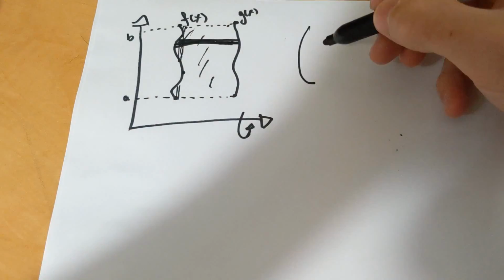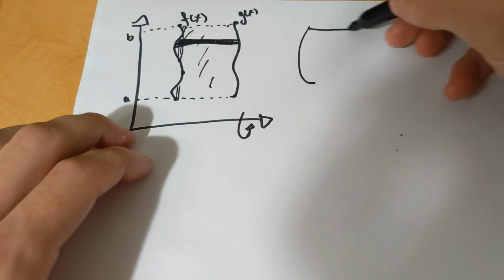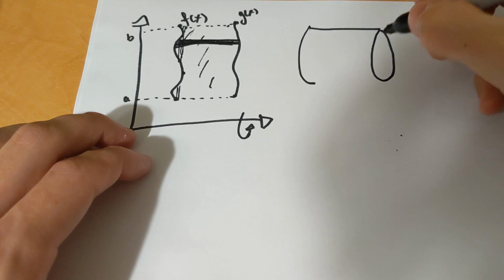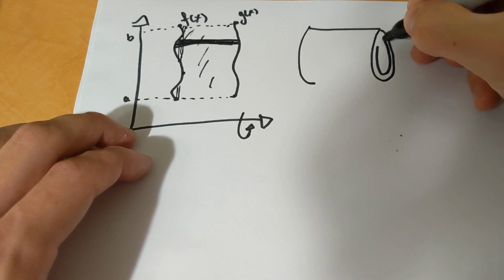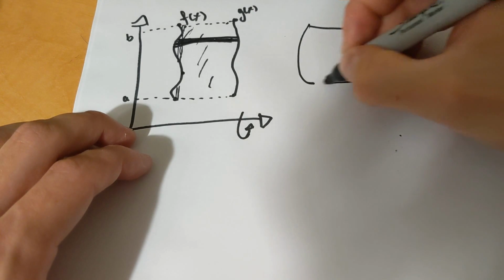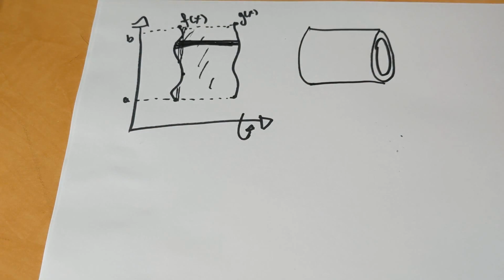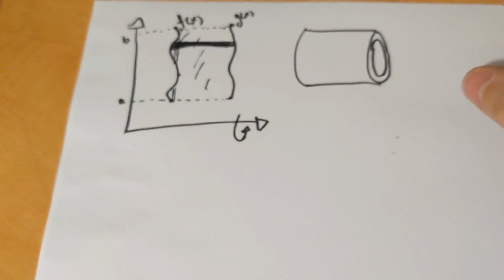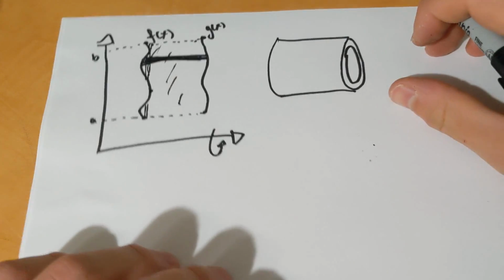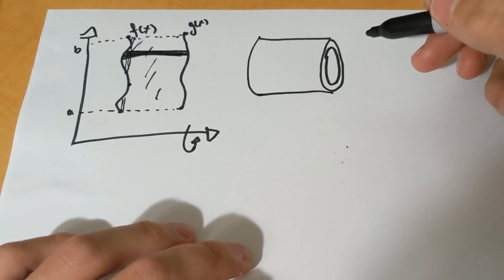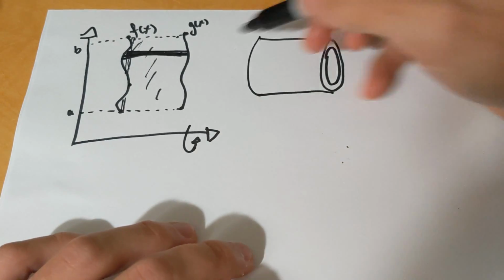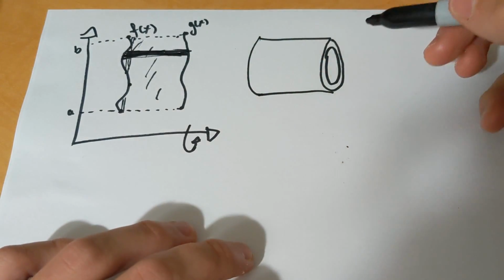Okay? So it kind of looks like this, but it's really elongated. It has a big width to it. And this width, funny enough, is actually the height, the length of this rectangle.